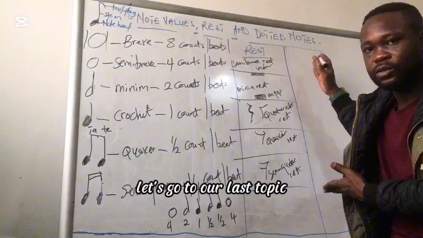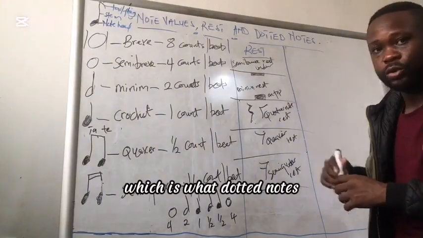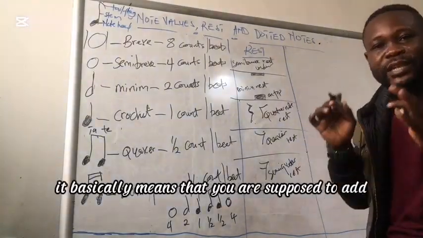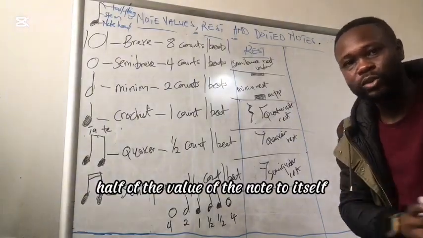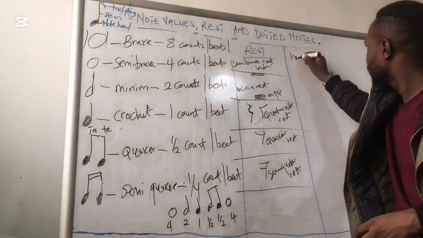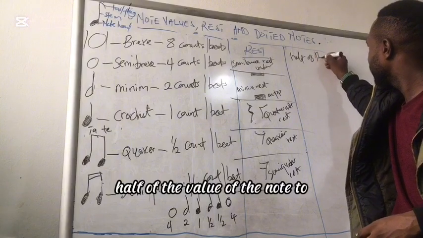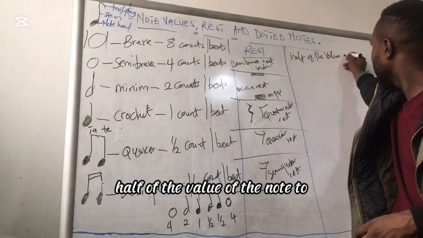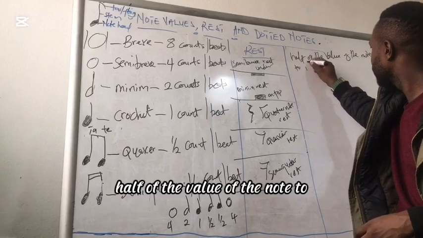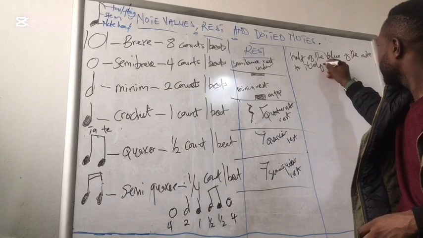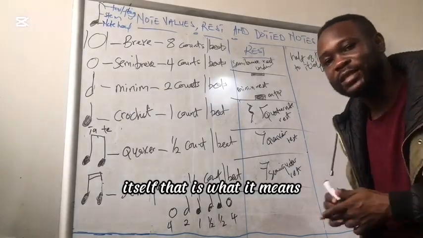Let's go to our last topic, which is what? Dotted notes. So when a dot is added, it basically means that you are supposed to add half of the value of the note to itself. That is what it means.